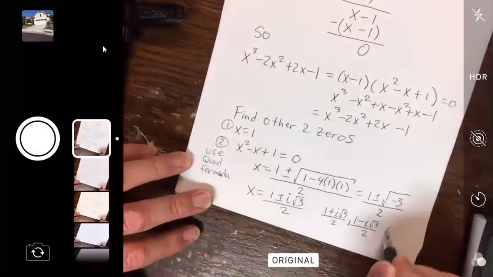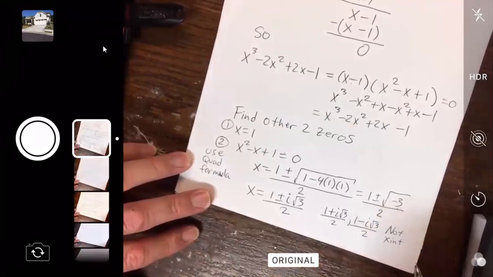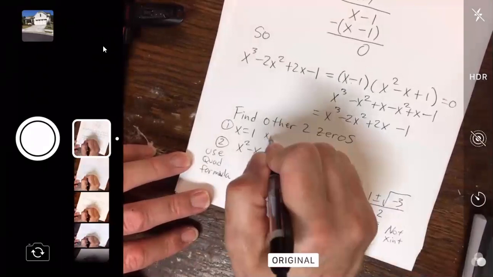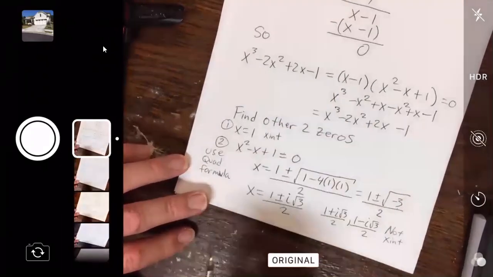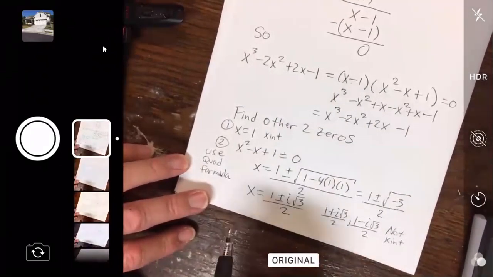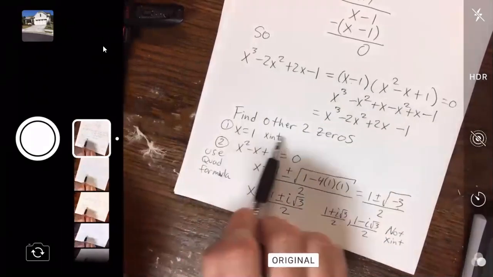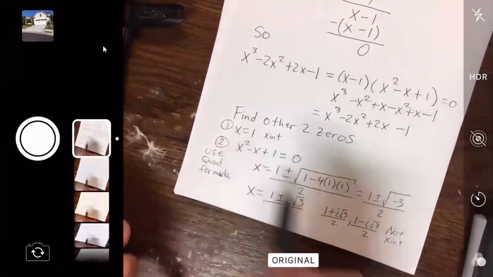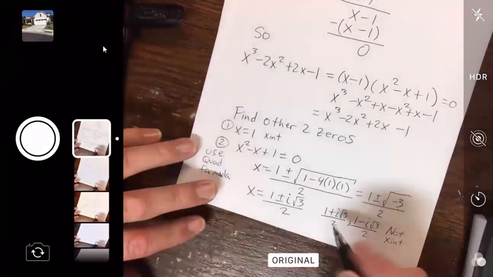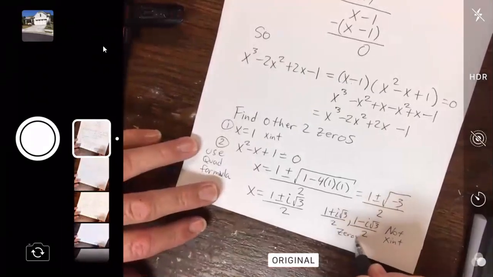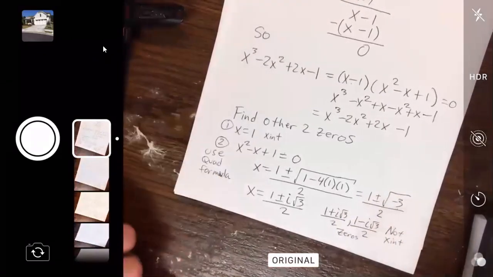But they are not x-intercepts on the graph. This is an x-intercept on the graph. So all x-intercepts are zeros, but not all zeros are x-intercepts. These are zeros, but not x-intercepts.